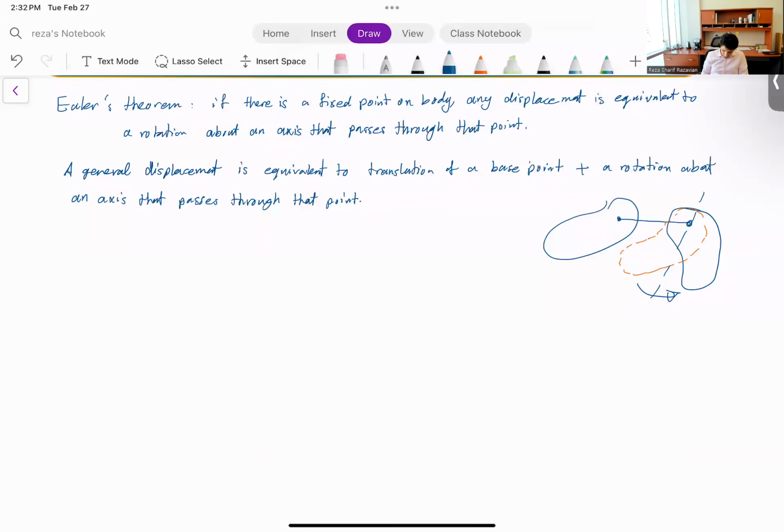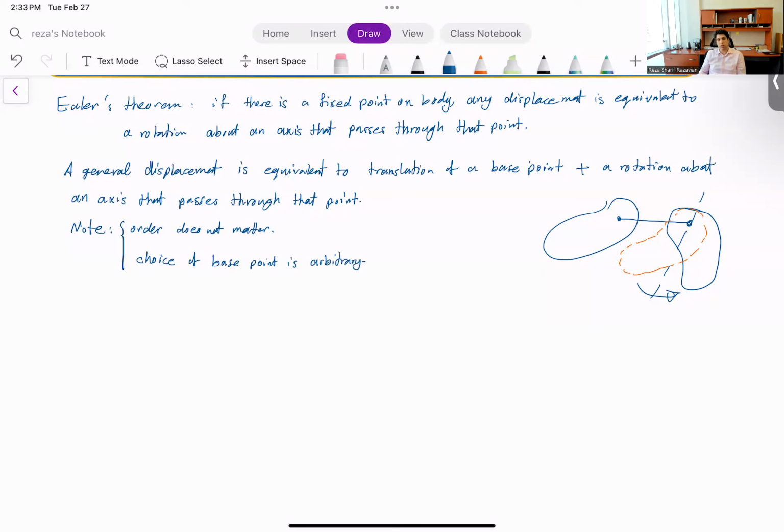There are a couple of notes here. Note 1, order does not matter, and by that, either you do translation first, then rotation, or rotation first, then translation. They are equivalent. And note number 2 is that the choice of base point is arbitrary.